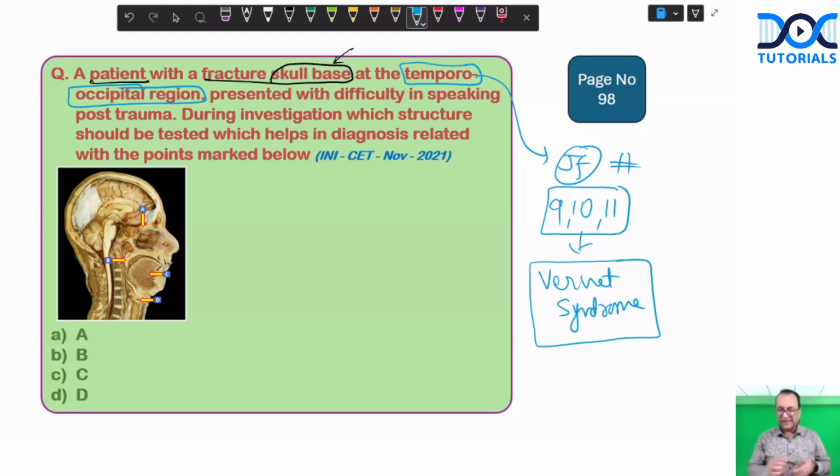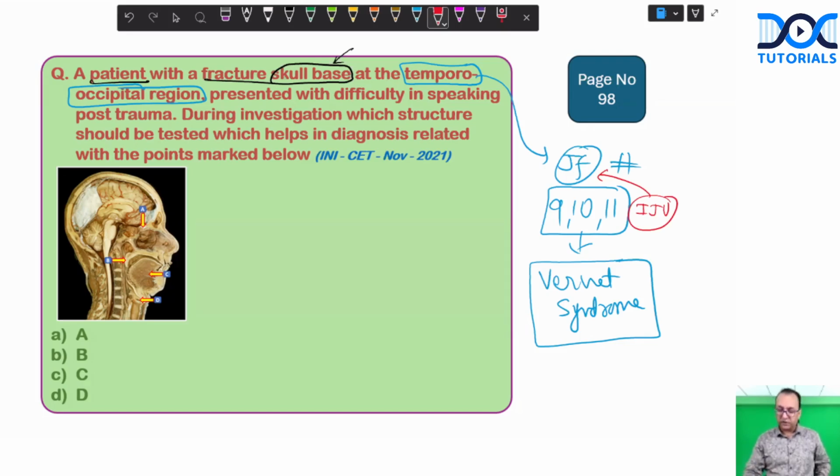I'm just guessing, because they are telling temporo-occipital region, petrous temporal bone and occipital bone. Between the petrous temporal bone laterally and the occipital bone medially, we had this jugular foramen. It has nerves 9, 10, 11, and not only that, it has the internal jugular vein also. So there could be features of Vernet syndrome.